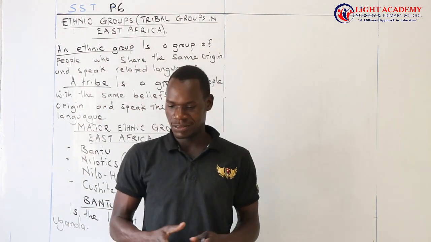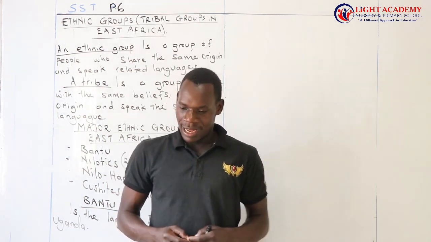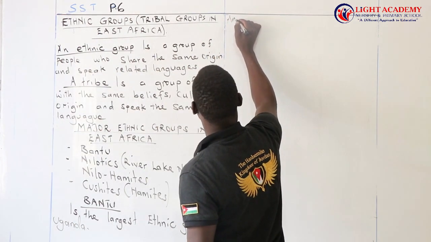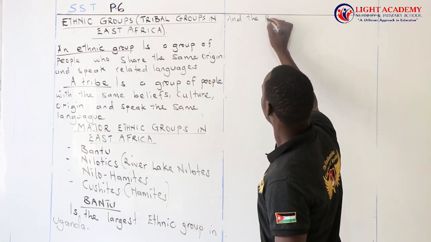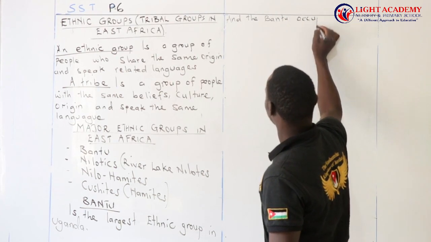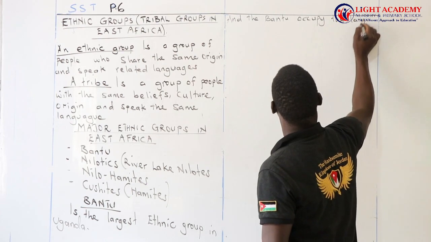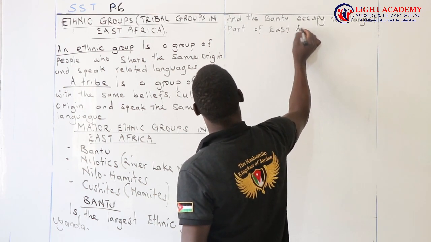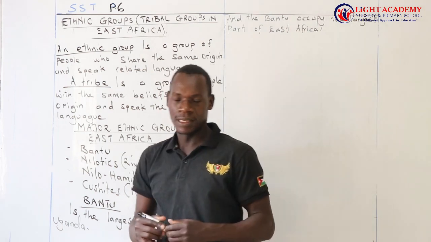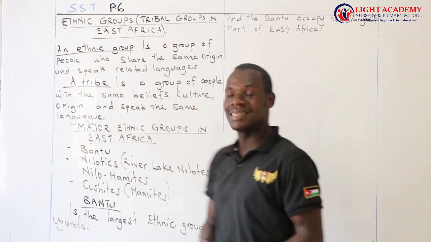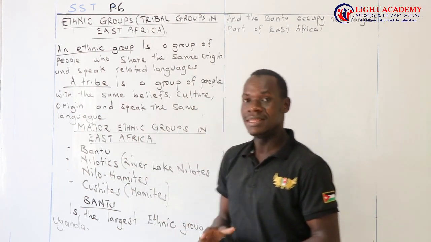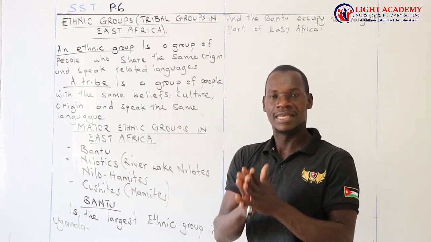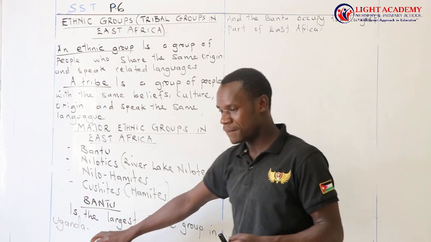The Bantu is the largest ethnic group in Uganda, and they occupy the largest part of East Africa. My dear learners, the Bantu is the largest ethnic group in East Africa, and still they occupy the largest part of East Africa. If you are asked the largest ethnic group in Uganda, don't forget those Bantus.